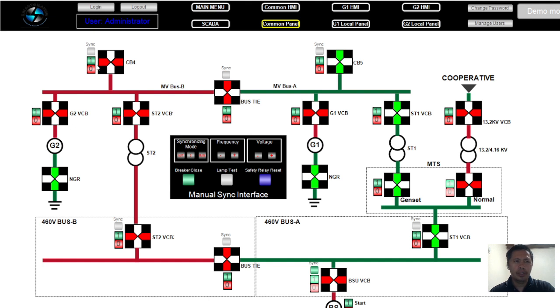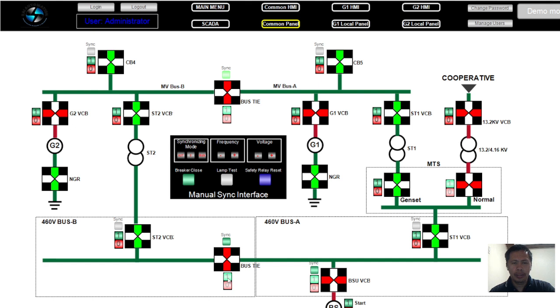So we'll close the station service also for generator 2. Close, energize. Okay, as we can see, both 460 bus A and bus B are live. But there's a bus tie here, as you can see.